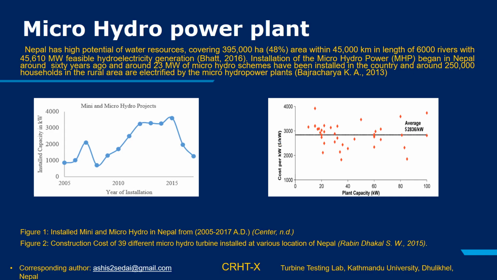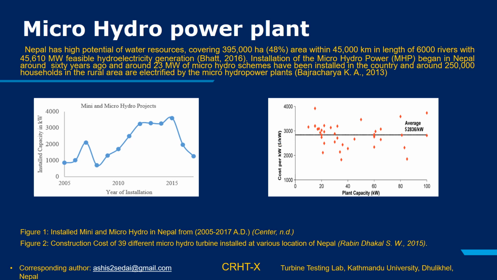Before I move into the main topic, let me guide you through micro hydropower plant and its installation history in Nepal. Micro hydropower plants are those plants which are capable of producing hydroelectricity power generation up to 100 kilowatt of power.